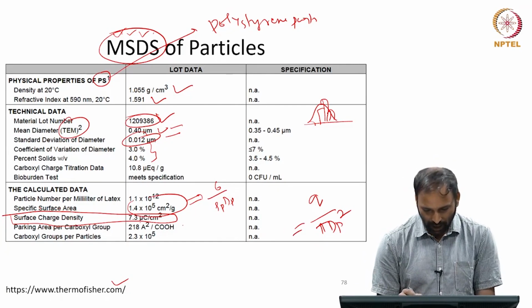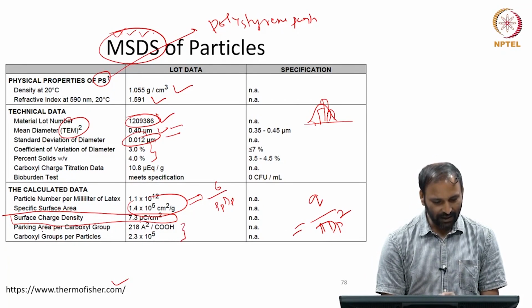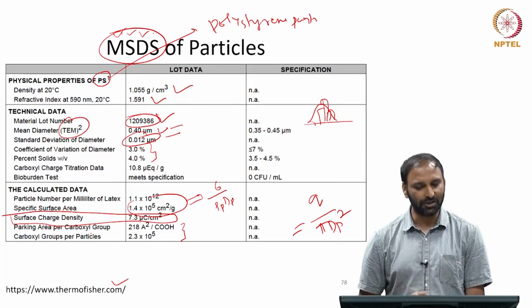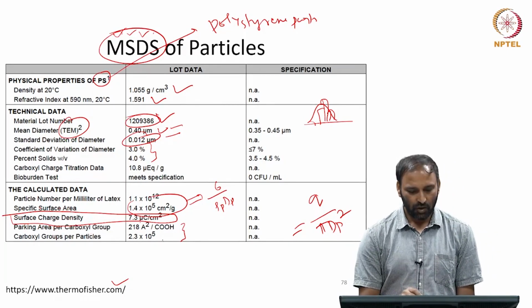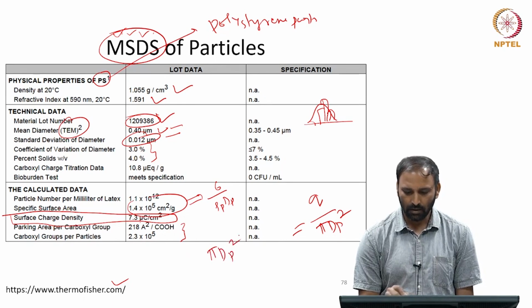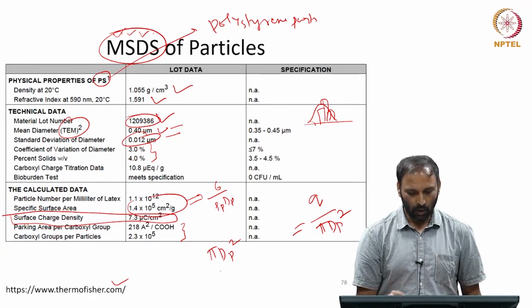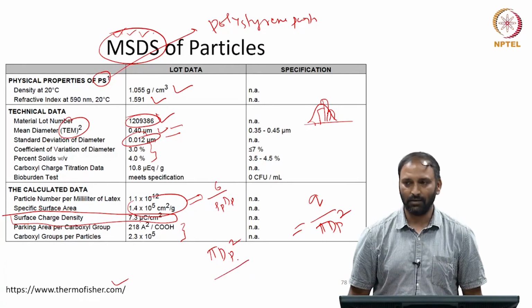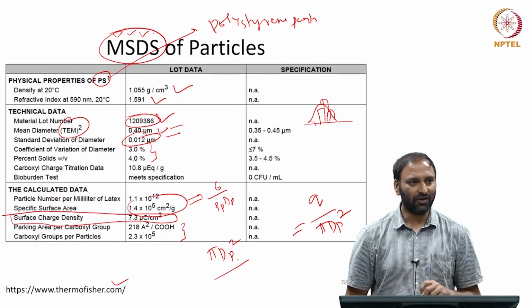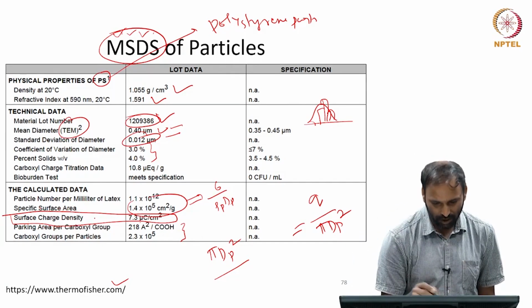And there are two other nice parameters you can think about. Packing area per carboxyl group. The surface area is pi dp square, which gives you the total surface area. Now, if I divide that by the number of charge groups that I have on the surface, this is an example of what is called a carboxyl latex.